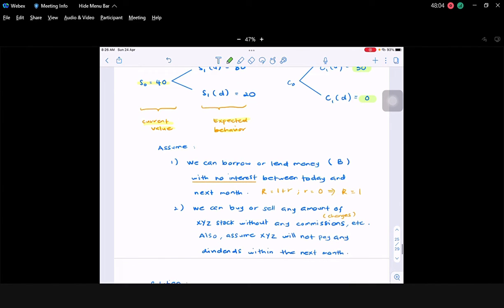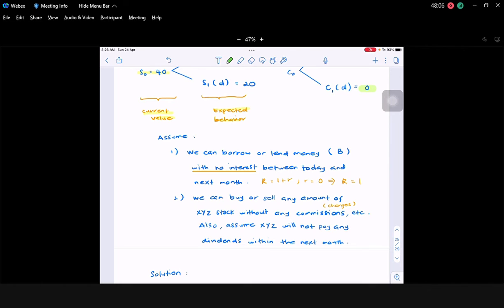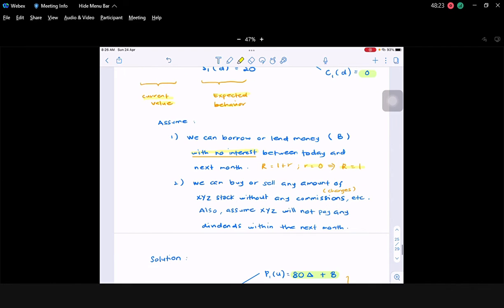Okay, then next we assume we can borrow or lend money with no interest between today and the next month. With no interest, it means r equal to 0, and capital R just equal to 1. Then we can buy or sell any amount of XYZ stock without any commission, so without any charges.